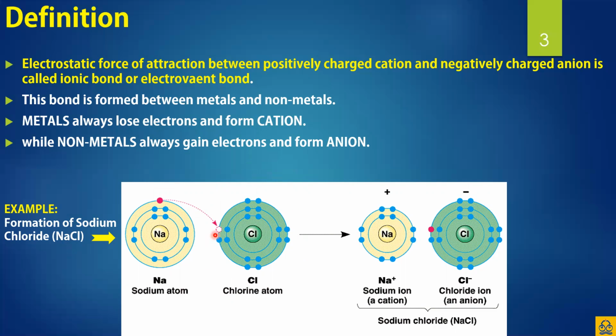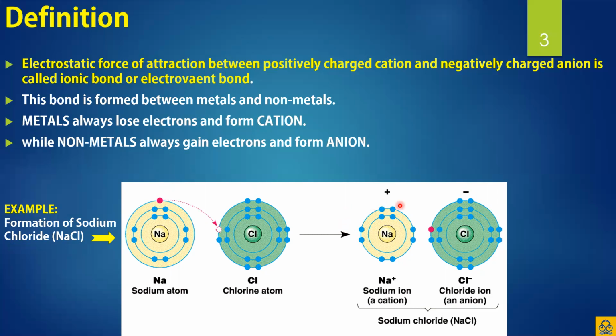There is a vacant space in the chlorine which shows that its octet is not complete. So sodium will transfer its one electron to chlorine. Hence, both atoms will attain electronic configuration like noble gases, and the octet of both atoms will be complete.